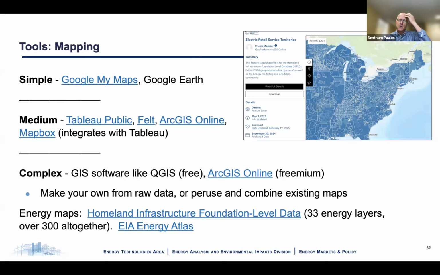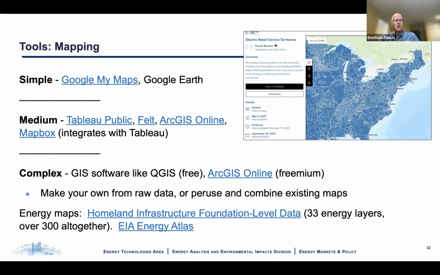And I think there are a lot of medium level products that have emerged because of that, like Felt and Mapbox. ArcGIS Online is this sort of great big, it's sort of like the Tableau Public where everyone's maps are available and you can use their maps and combine them in different ways without really knowing GIS very well at all. So there are a lot of medium approaches where you don't actually have to dig into GIS completely.